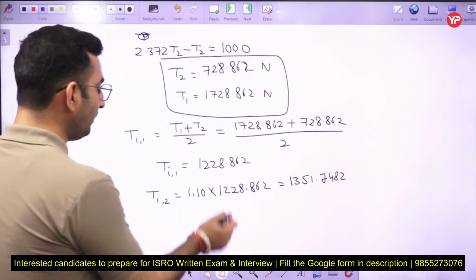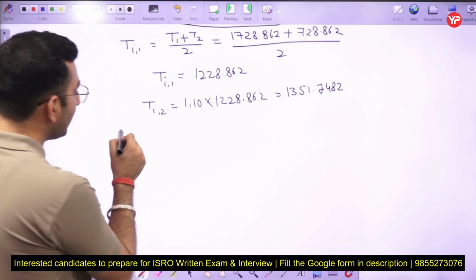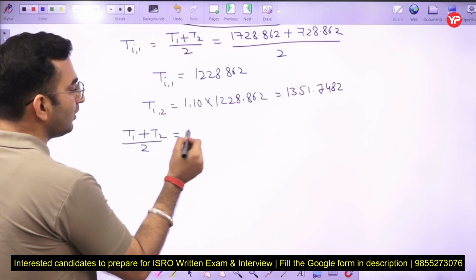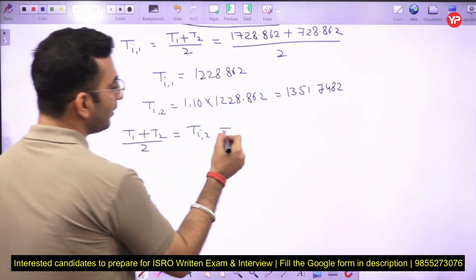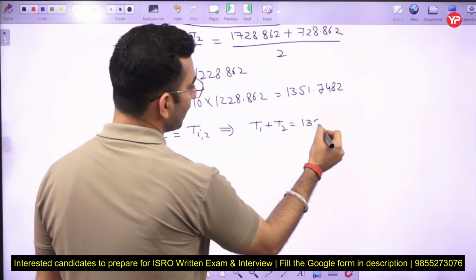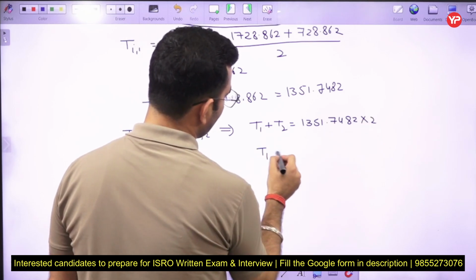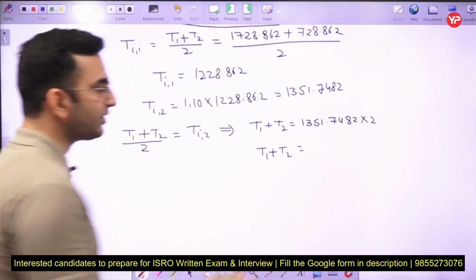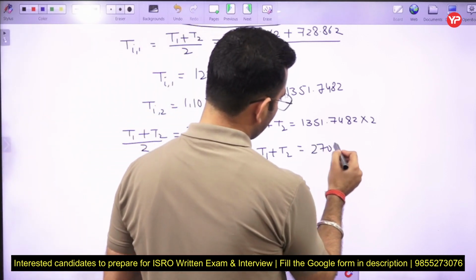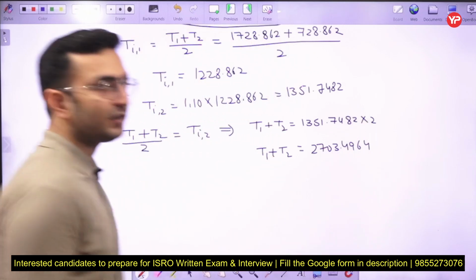And correspondingly, now again if you calculate the values of the slack side tension and the tight side tension based on this new initial tension, the relation is coming out to be around 2703.4964. You are going to get this particular value here.